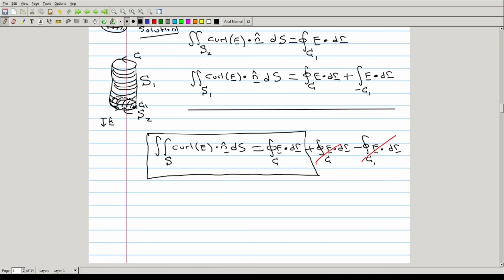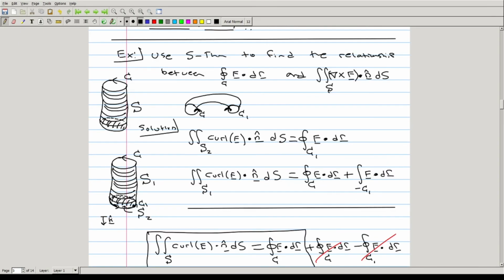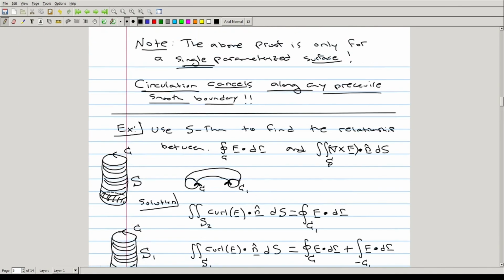If you calculate the flux in each of these small surfaces using Stokes theorem, you get a cancellation on this piecewise smooth boundary. This is something that happens in general, and it's why we can definitively and very nicely use Stokes theorem in a variety of different, very clever ways.